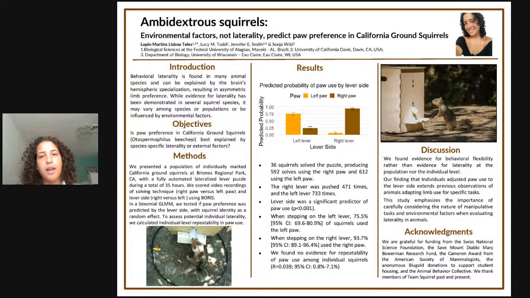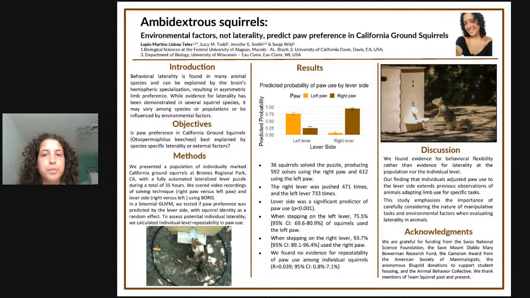The results were that in total, 36 squirrels of that population solved the puzzle. By solved, we mean that they pressed the lever on each of the sides, and in total we had 592 solves using the right paw and 612 using the left paw.